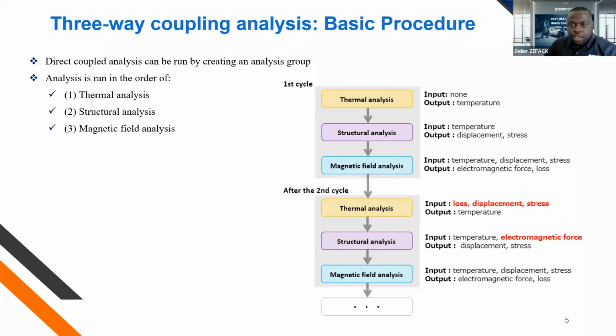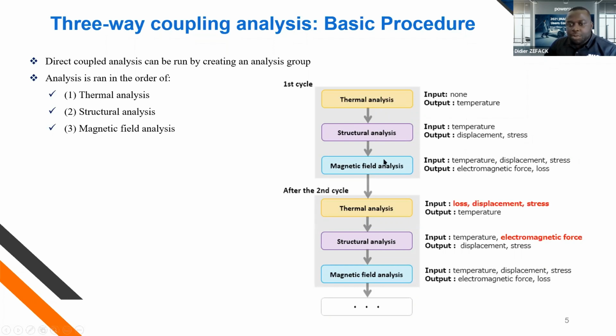In the first cycle or first step, you will start the thermal analysis in order to initialize all the domain. Then GEMAG will run the structural analysis, where it will evaluate the displacement and stress based on the temperature sent by the thermal.